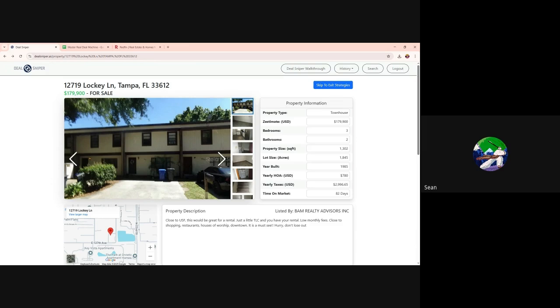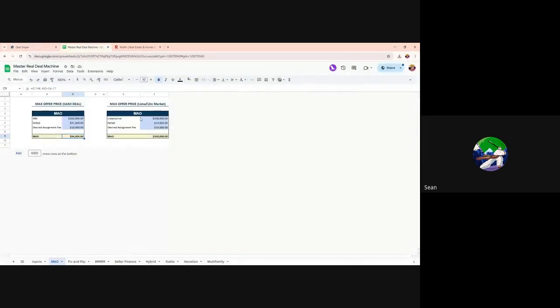This is going to be a little bit different, because it's on market, the formula is not the same. That's why I have two different calculators. This one's for off-market cash deals, and this one's for listed. The simple fact that it's listed means we can only offer what it's listed for minus the estimated rehab. Yeah, it's impossible. There's no way.